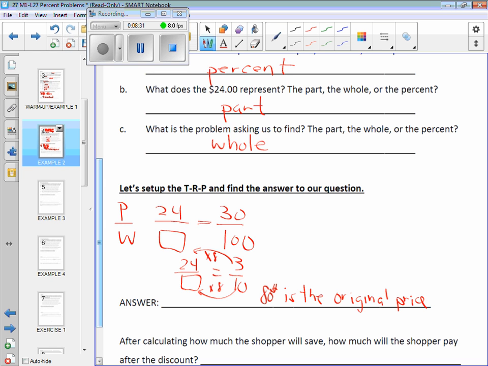All right, ready to take the leap? You sure? Yeah. Okay, did you leave room on the right side? I'm going to ask you to make a little mini ratio table. Write the word paid. Write the word saved. And write the word original.